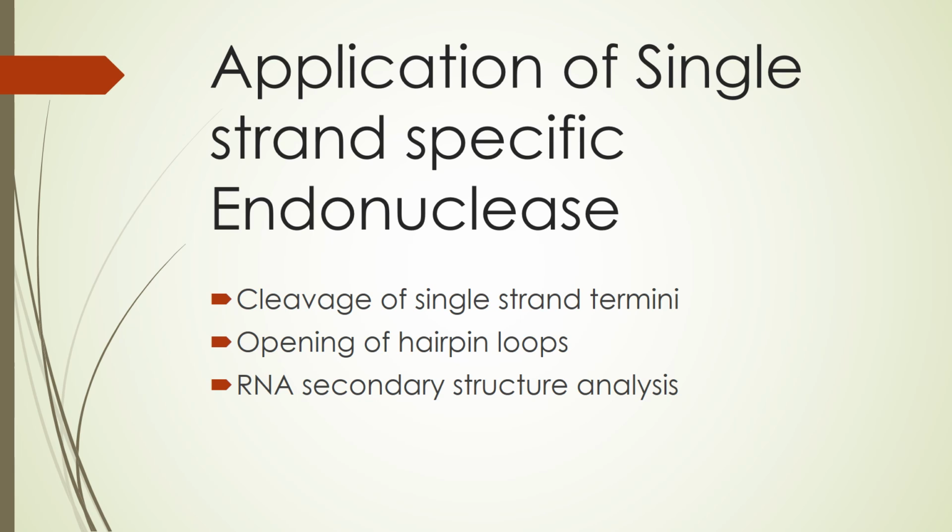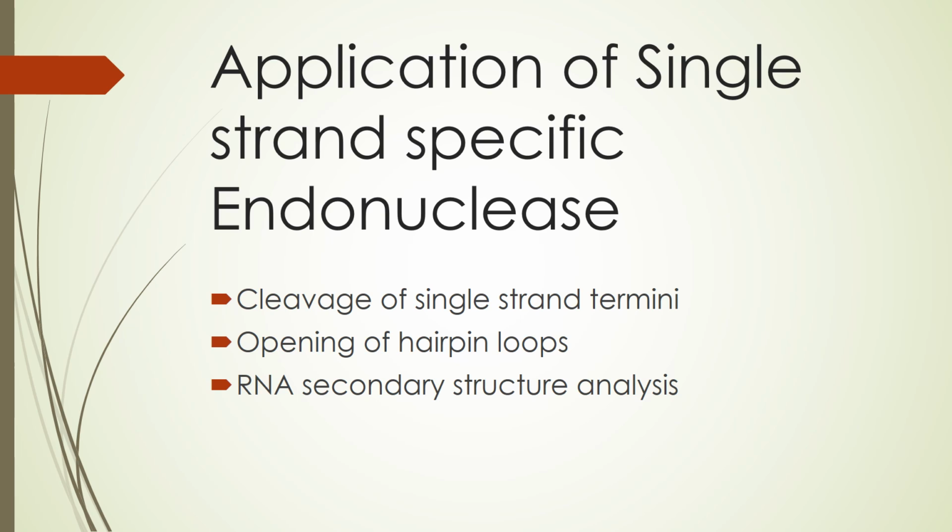Another important application is opening of the hairpin loops. During the synthesis of double-strand DNA complementary to RNA, the second strand of DNA can be synthesized using E. coli DNA polymerase by self-priming of the first DNA strand from the 3' terminal hairpin structure.